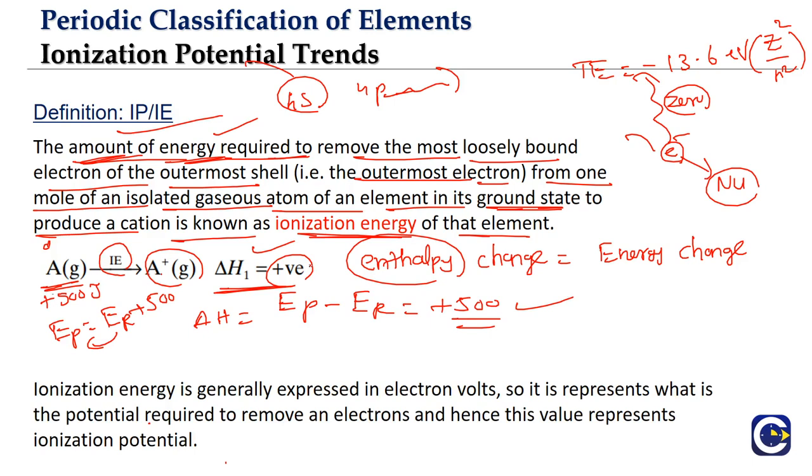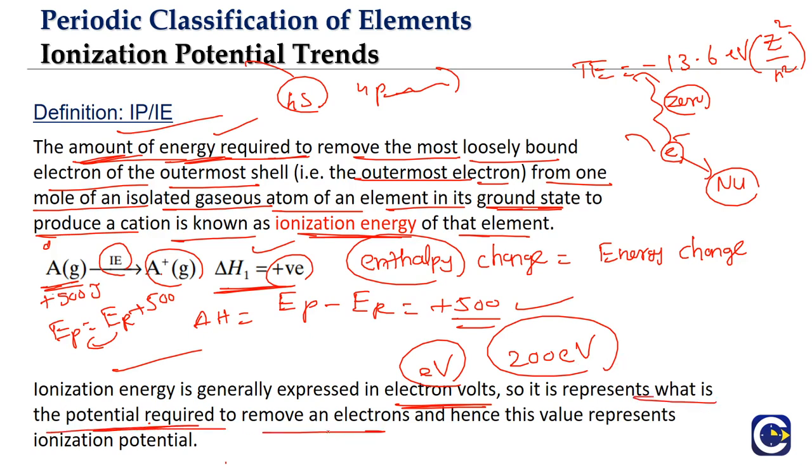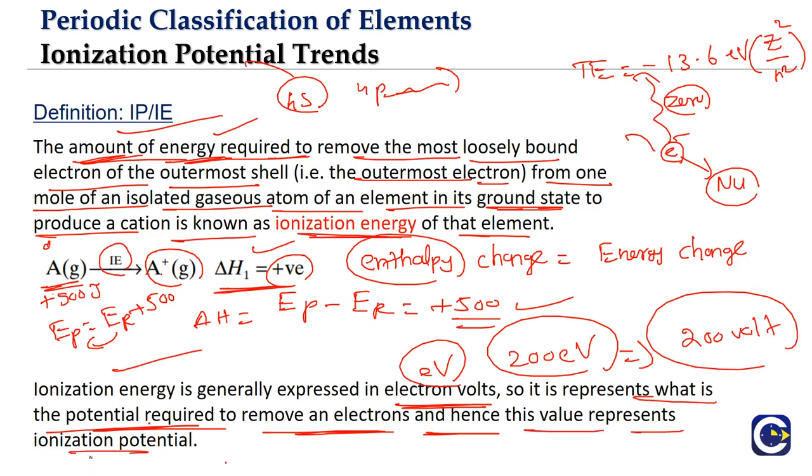When we give the ionization energy values in electron volt, like the ionization energy is 200 electron volt, this represents the potential required to remove the electron. The potential required to remove the electron is 200 volt, and this value represents the ionization potential.